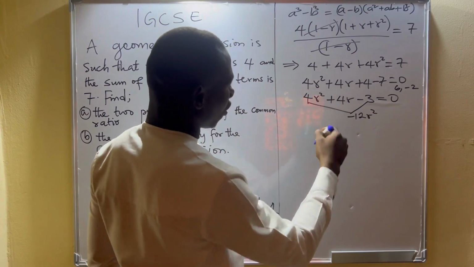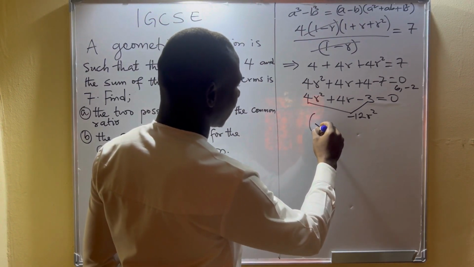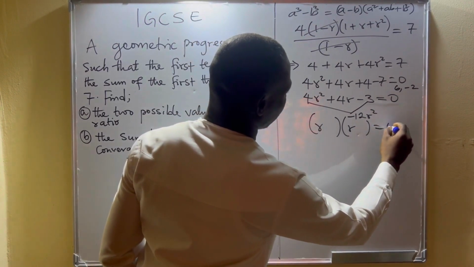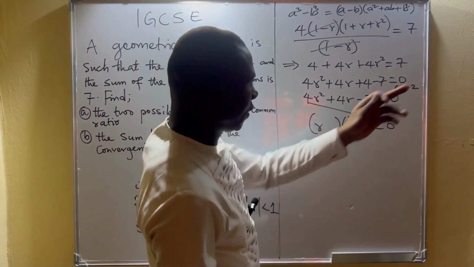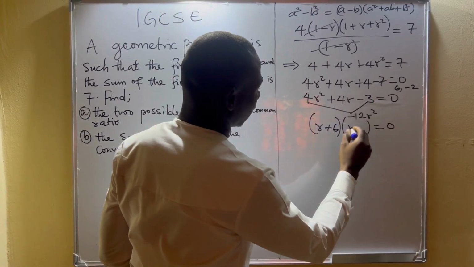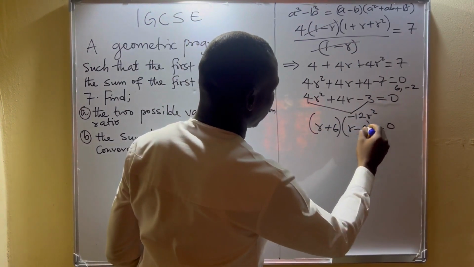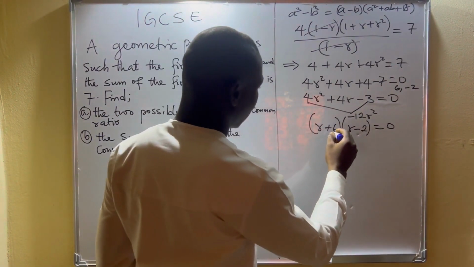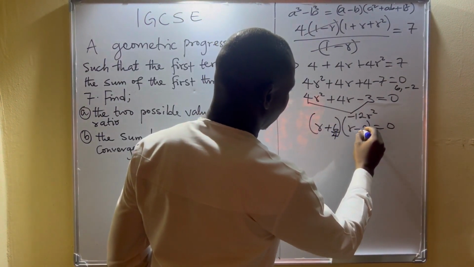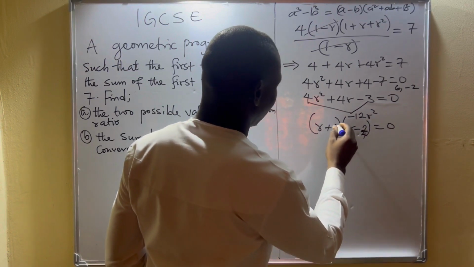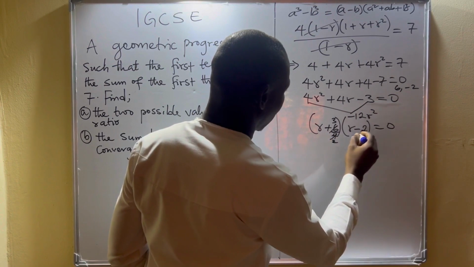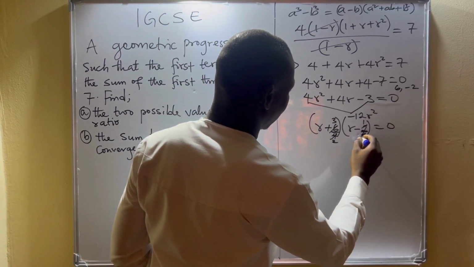So I will just come here and open two brackets, r, then r, equal to 0. Then I will now fill plus 6 and minus 2. I will now divide by the coefficient of the quadratic term. Divide by 4. Divide this one by 4. If I divide, I'll have 3 over 2 here. Divide, I'll have 1 over 2.